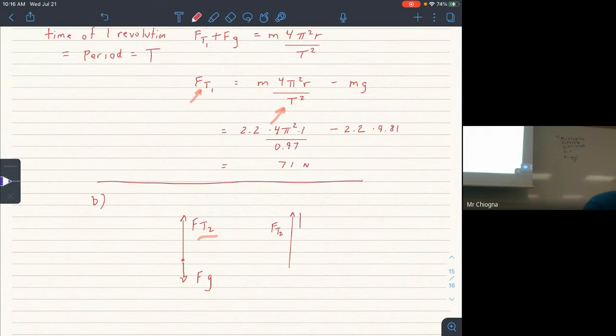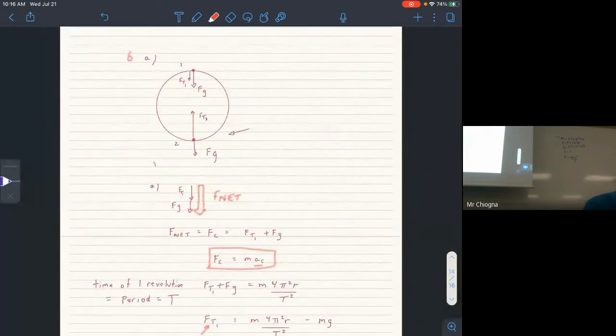So that when you add them tip to tail, your net force is up, or towards the center of the circle. Center is here.